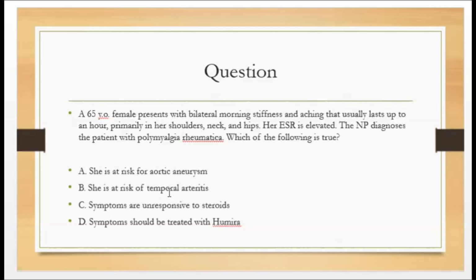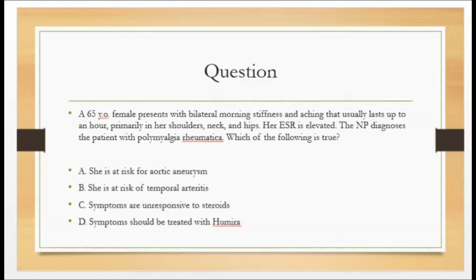Okay, temporal arteritis. With polymyalgia rheumatica, every joint in their body hurts them. They will tell you, oh, my shoulder hurts, my neck hurts, my hip hurts, everything. Okay. So these are simple questions. This one is so simple. It doesn't have anything to do with aortic aneurysm or all those ones.